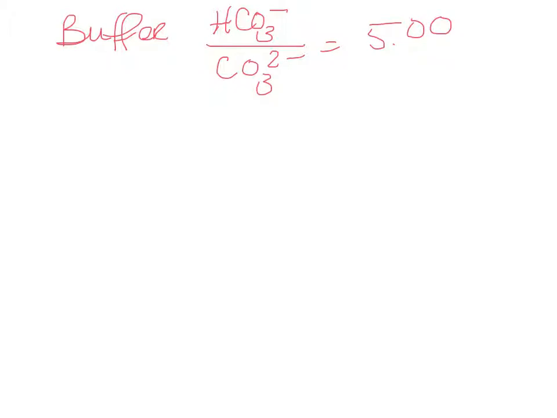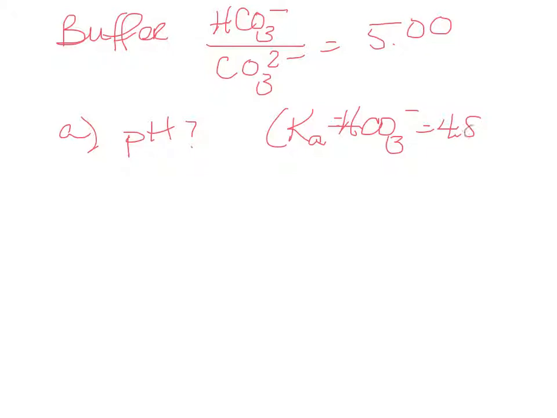And the first question says, what is the pH of this buffer? And they go ahead and give you the Ka of HCO3, which is 4.8 times 10 to the minus 11.